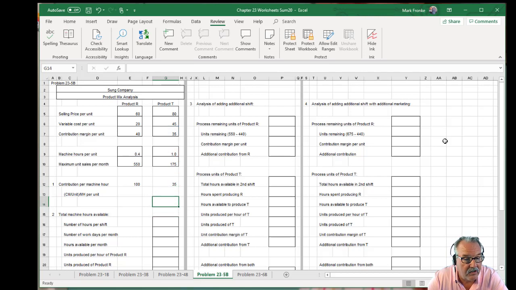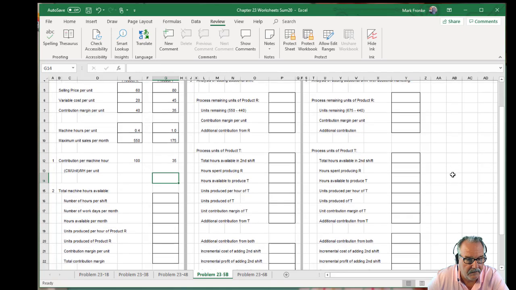Because we get contribution per unit of $40 per unit of R, and we can make 2.5 of these per hour. Basically 0.4 machine hours per unit means that we can make 2.5 of these. So if we multiply 2.5 times 40, we get $100. So what this means is we need to make product R first, because that has the highest contribution margin.